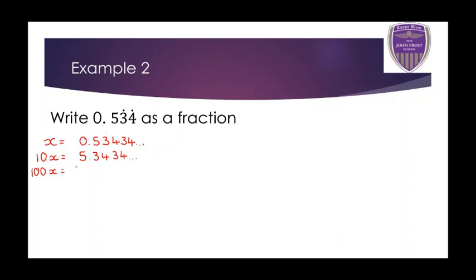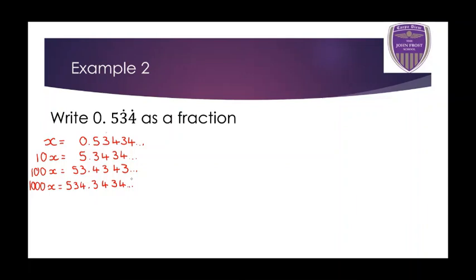So that'll be 53.4343. No such luck here either, because as we can see, none of these decimals match up at all so far. So let's go up, let's multiply by 10 again. Let's go to 1000x. And that gives us 534.3434.